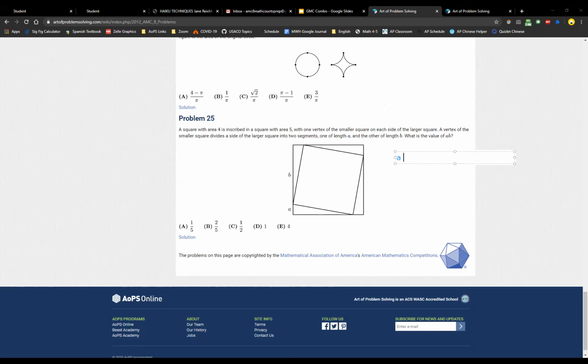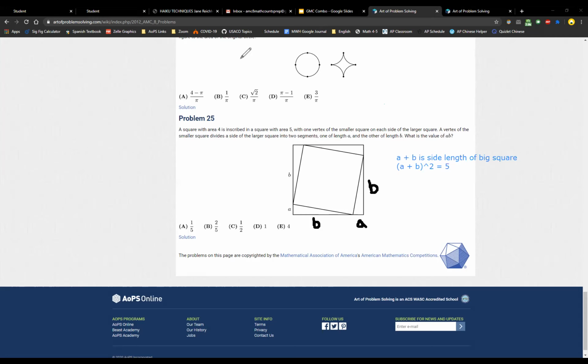And notice that we know that a plus b is the side length of the big square. And then that means a plus b squared is equal to 5. So this is the first step in the problem. And then we notice that due to symmetry, this length is equal to b, this is equal to a, b, and so on throughout.